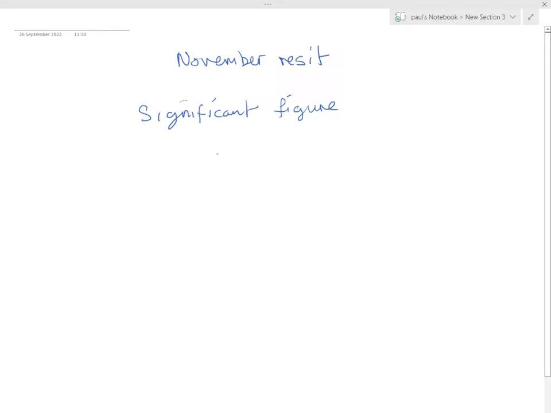This is significant figures, and it means that every number after zeros is significant. Even another zero.